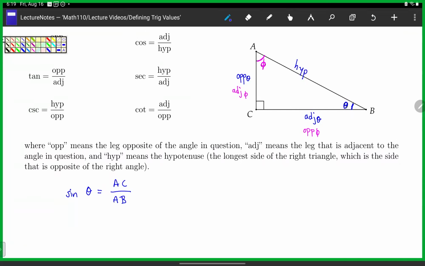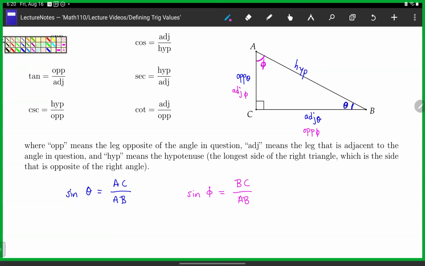Whereas the sine of phi, the leg opposite of phi is leg BC, and the hypotenuse is AB. You might try writing a few of these down as an exercise.